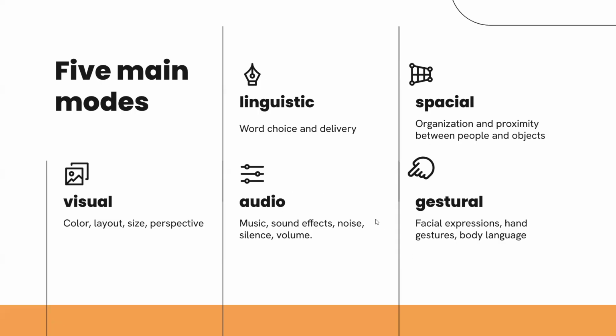We have one part that is very important in all movies, which is the audio mode. In the audio mode, we have music, we have sound effects, we have noise, we have silence, we have volume, all of those things that are not necessarily part of the linguistic part. We have them in audio.